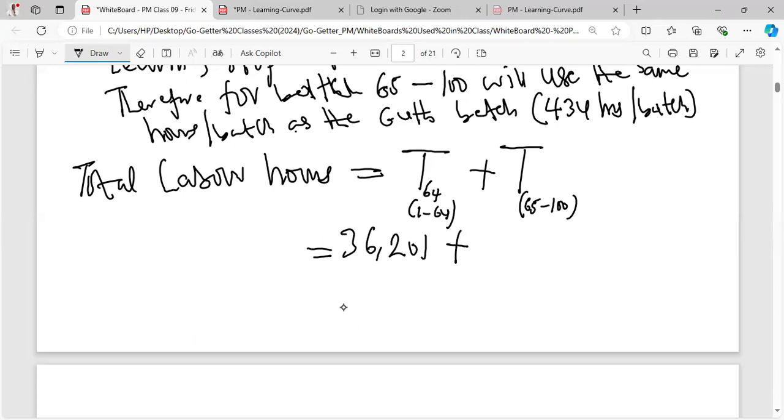Now plus, they say any batch produced after the 64th batch, which is 434 hours per batch, multiplied by the remaining 36 batches.